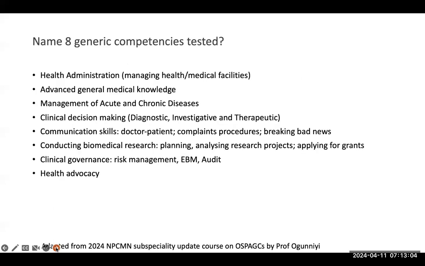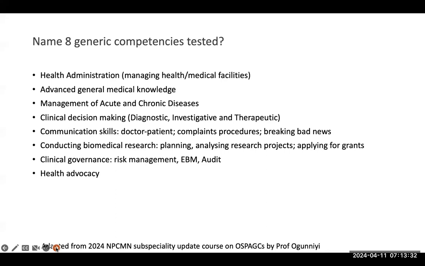So the last question is to name 8 generic competencies tested. This will include health administration, that's managing of health and medical facilities, then advanced general medical knowledge, management of acute and chronic diseases, clinical decision-making, which can be diagnostic, investigative, and therapeutic, communication skills, which can be doctor to patient, complaints procedure, breaking bad news.